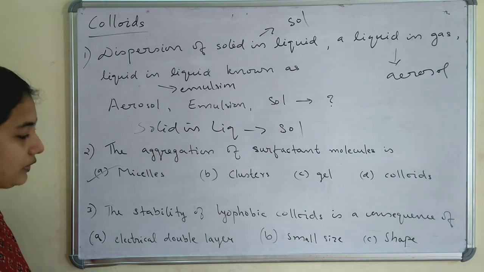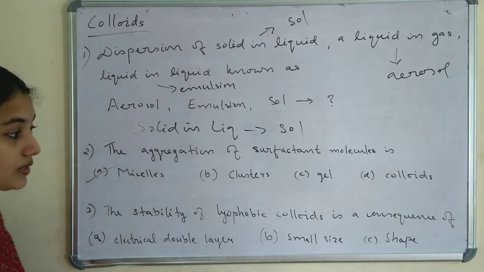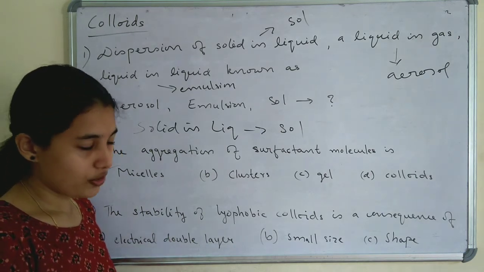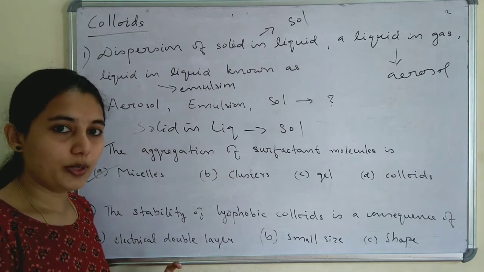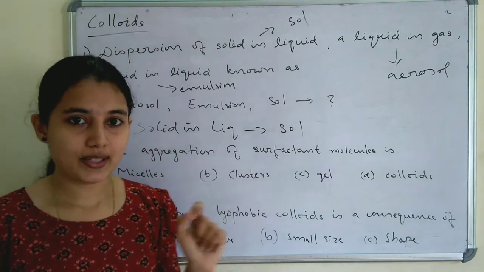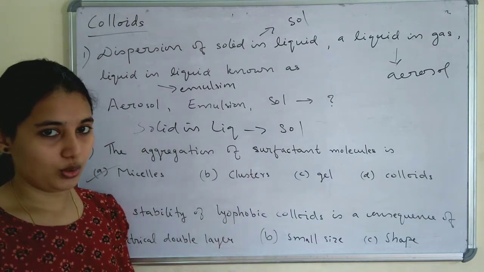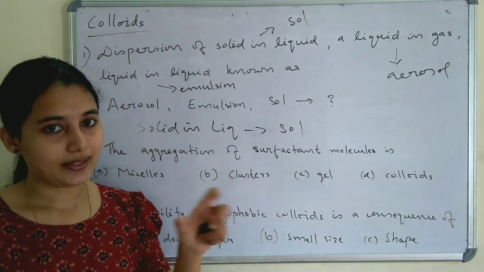So in the third question, the stability of lyophobic colloids is a consequence of electrical double layer, small size of particles and shape of the particles. So the lyophobic colloids are liquid hating colloids. So what is lyophilic colloid? Liquid loving colloids. So in lyophobic colloids, there is a theory, double layer theory.